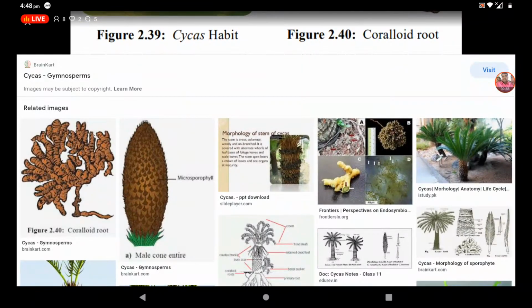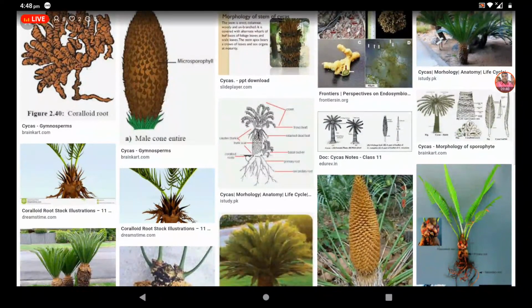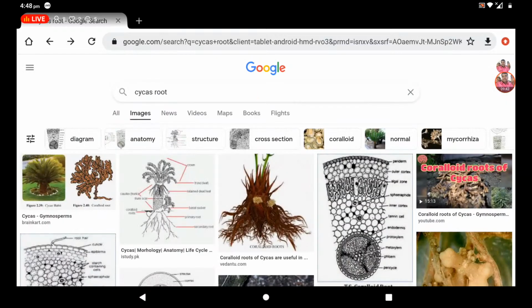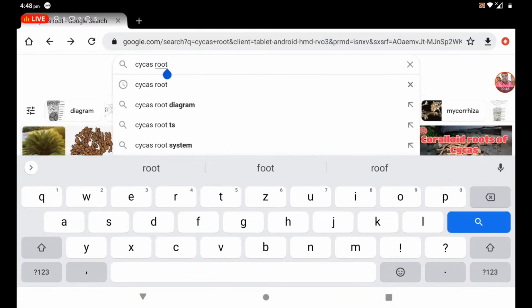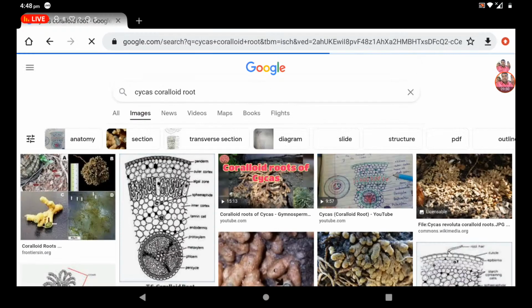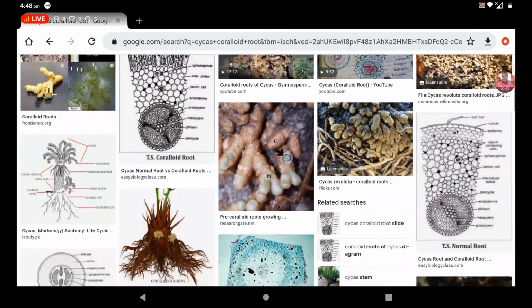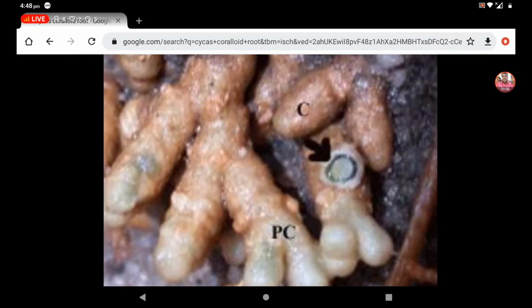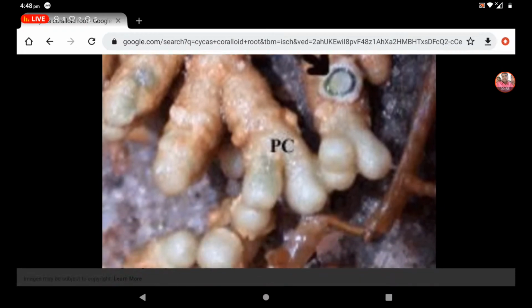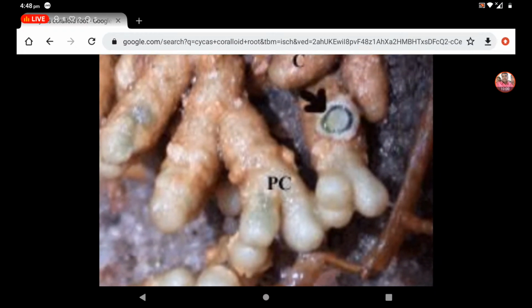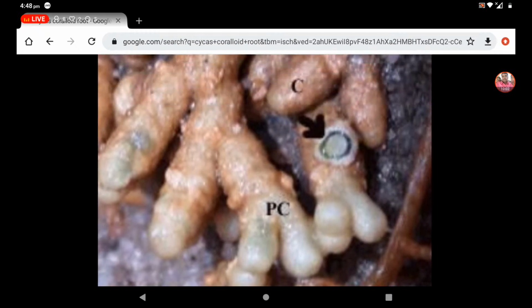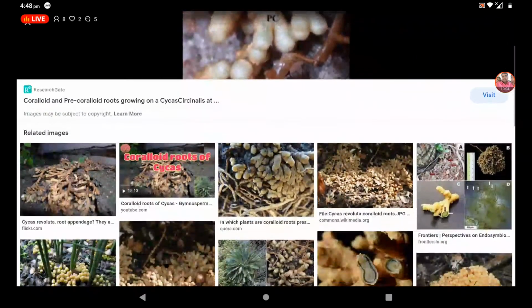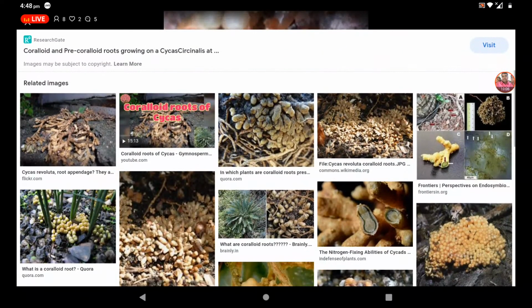This root generally grows apogeotropically, against gravity. See how this cycas coralloid root looks. It is apogeotropically grown with dichotomous branching. Every time the root divides into two branches, so dichotomous branching is found in the coralloid root.